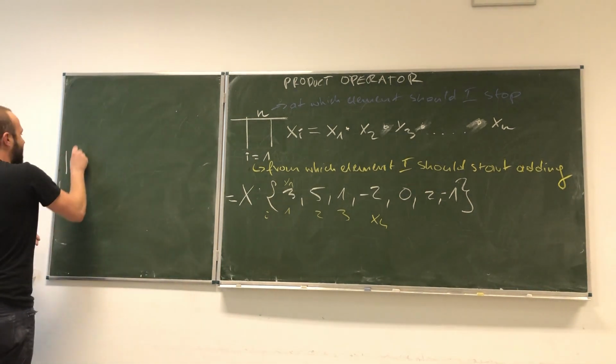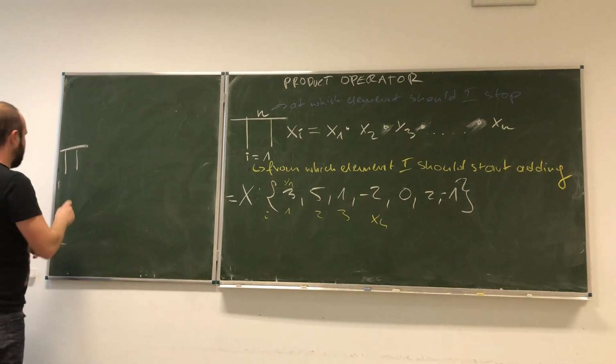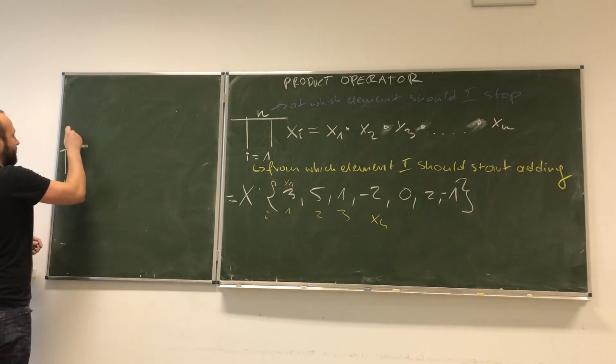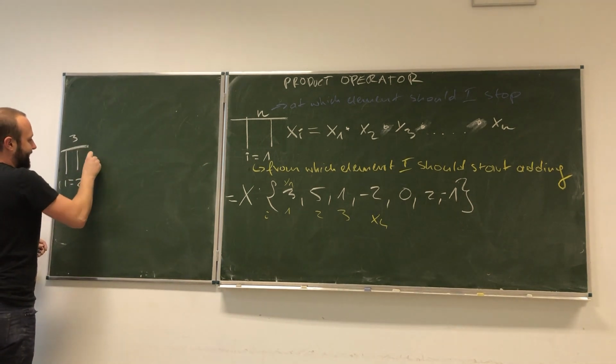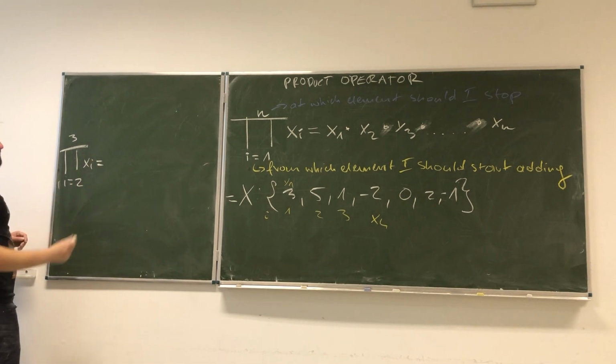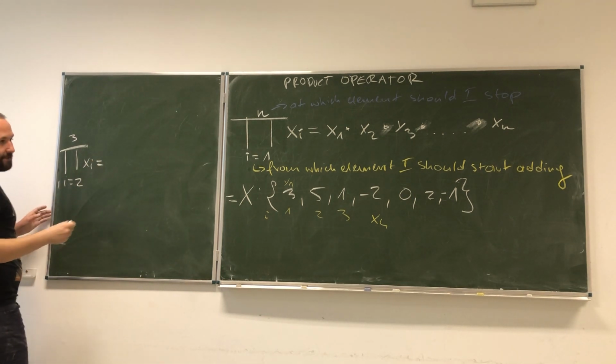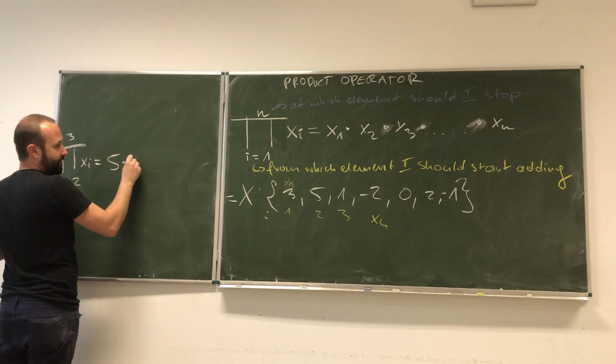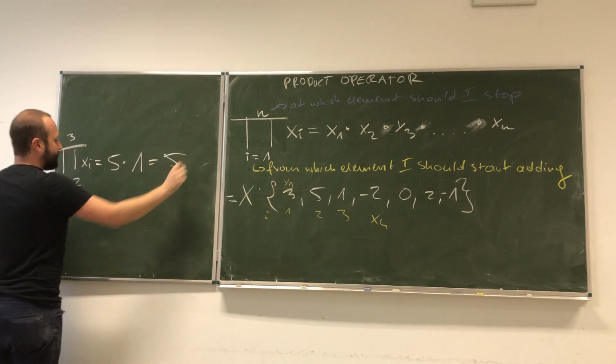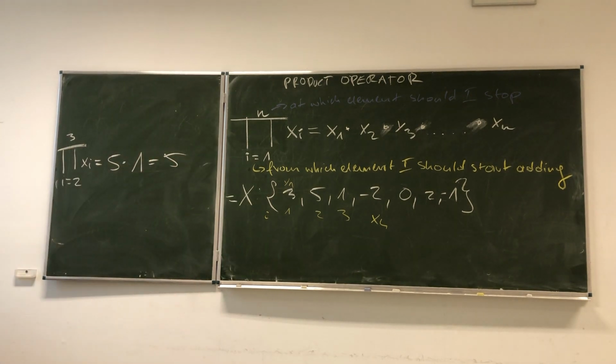So if I have the product for i equal to 2 to 3 of xi, that would be the same as 5 times 1, which is 5. And of course, we can do the same things with xi squared here.